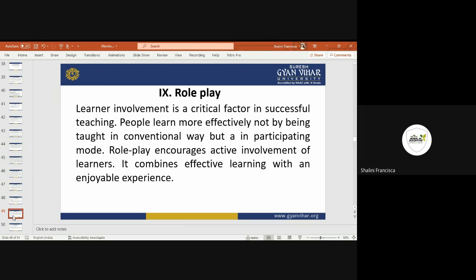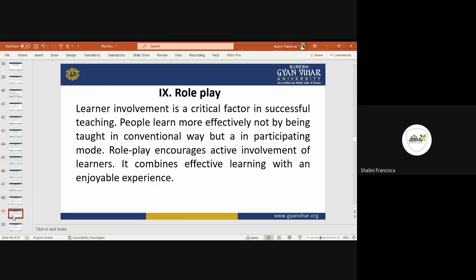Role play. Learner involvement is a critical factor in successful teaching. So learners are the people. If learners are not there, then teaching doesn't have any form. People learn more effectively not by being taught in the conventional way, but in a participatory mode.